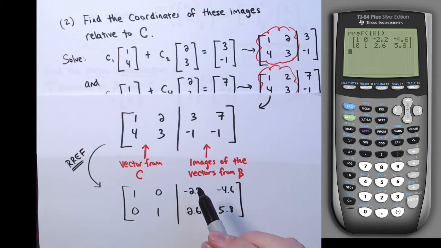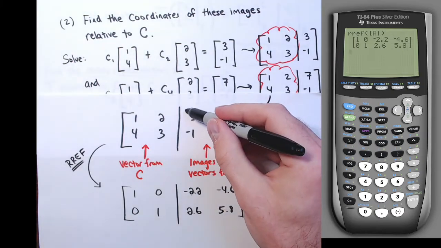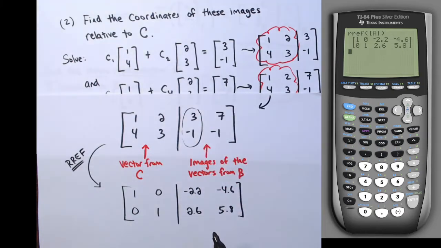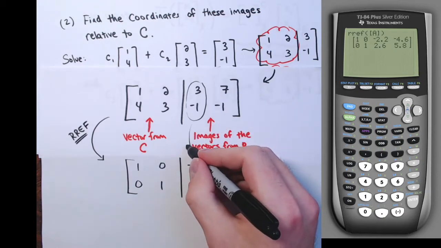It's telling me that for this vector 3, -1, I'd need -2.2 of the first vector from C and 2.6 of the second vector from C. Let me show you.